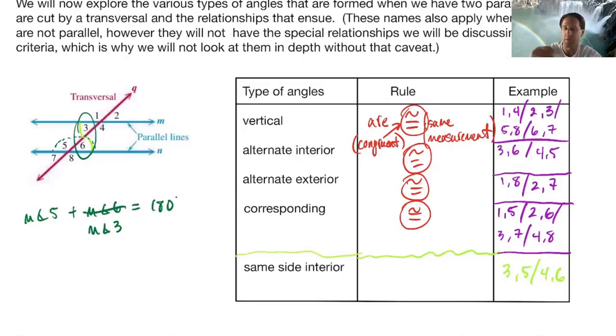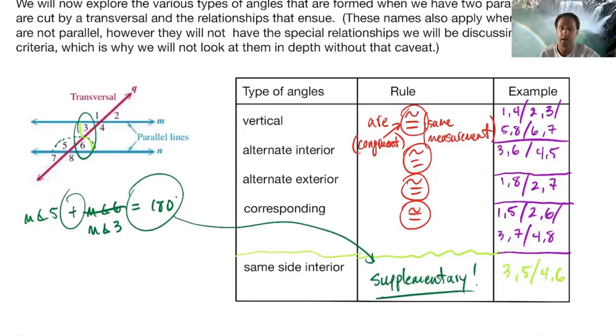And let's see if you remember from the first section that we dealt with, what do we call two angles that add up to 180? Hopefully you said it. They add up to 180. They are called supplementary. And so those are the ones that are a little bit different as far as the pairs go for parallel lines cut by a transversal. All the other ones we really enjoy because they are the same.